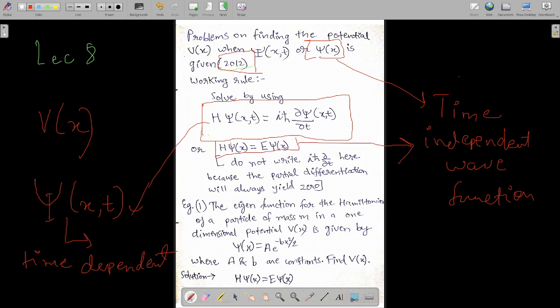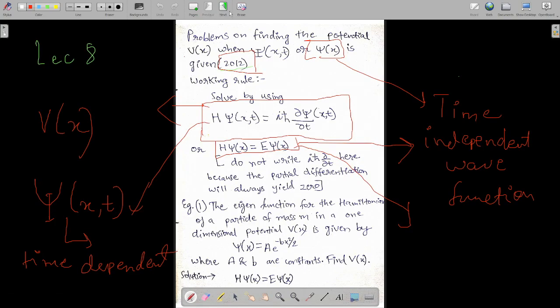So the second formula which you see in the downward side is your time independent formula, and this is the time dependent formula. Now what's the difference between the two? Over here it is written H psi of x comma t is equal to i h cut del by del t psi of x comma t.